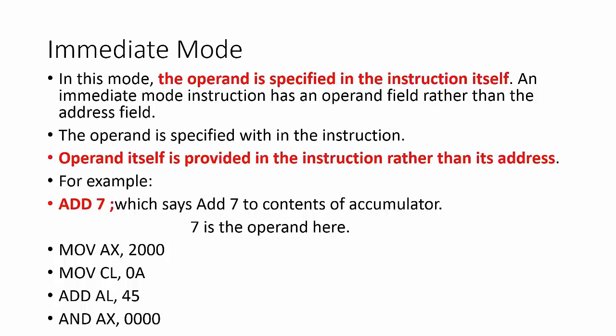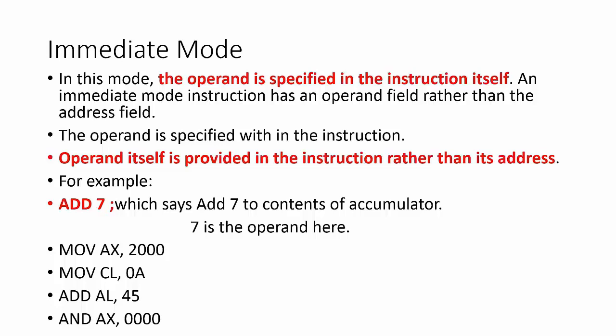The CX register is the collection of 2 bytes, so its lower byte can be accessed by CL and its higher byte can be accessed by CH. So what does MOV CL, 0A mean? It means that the 0A data will be stored in the lower byte of the count register. Is it clear? Okay.